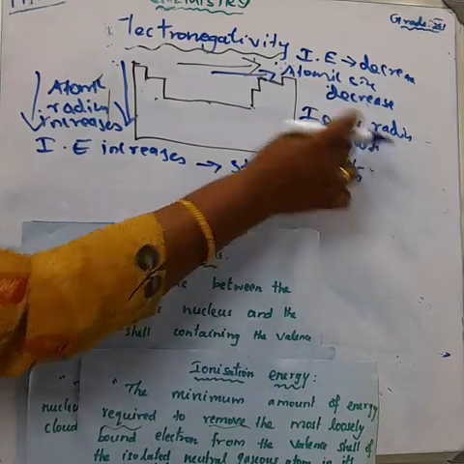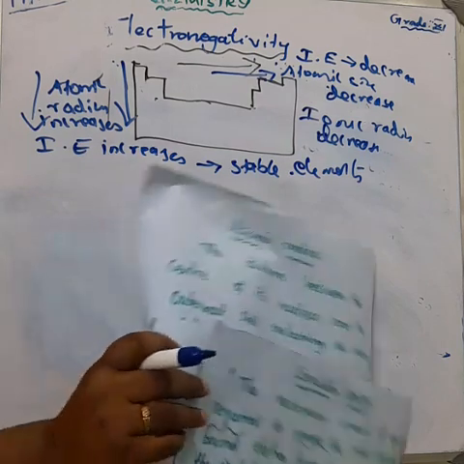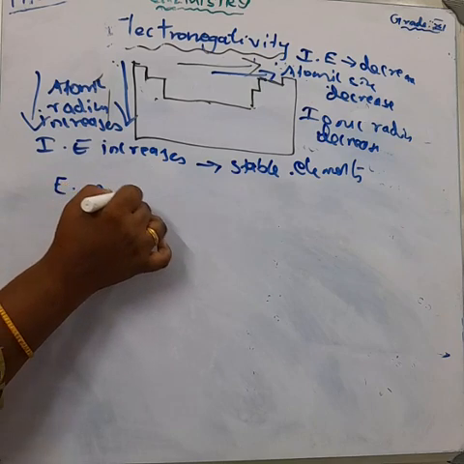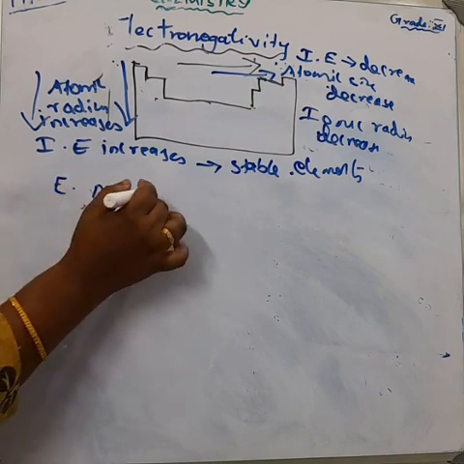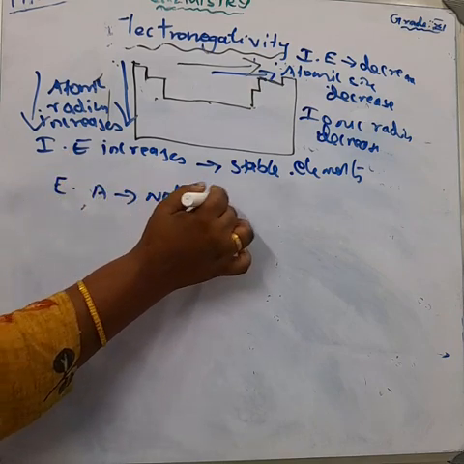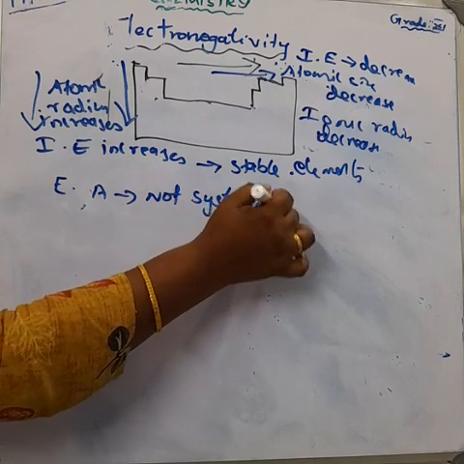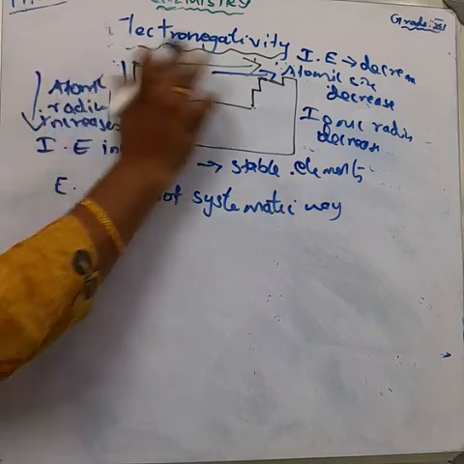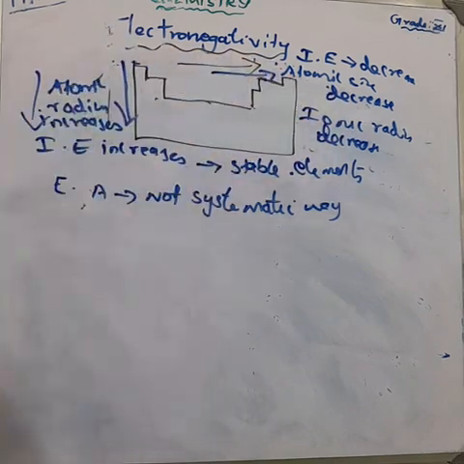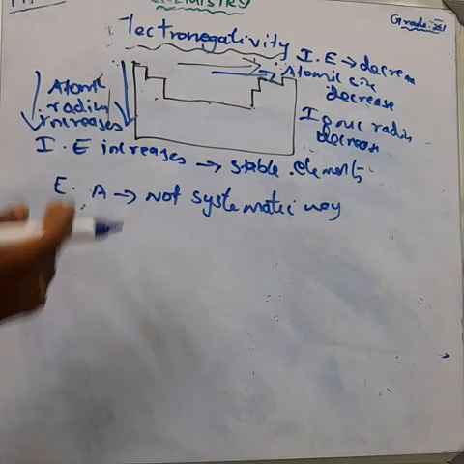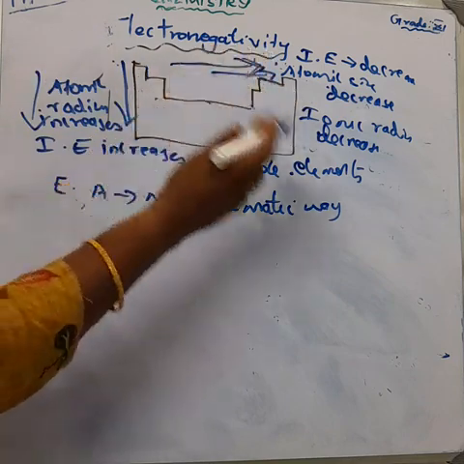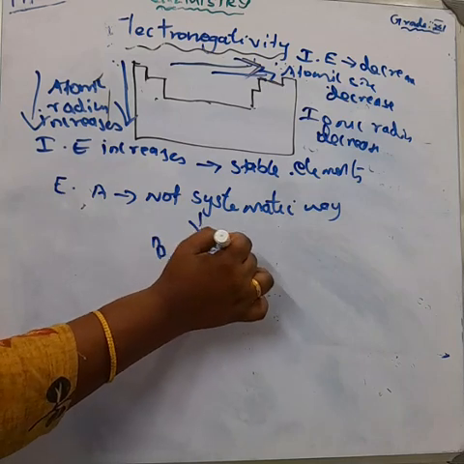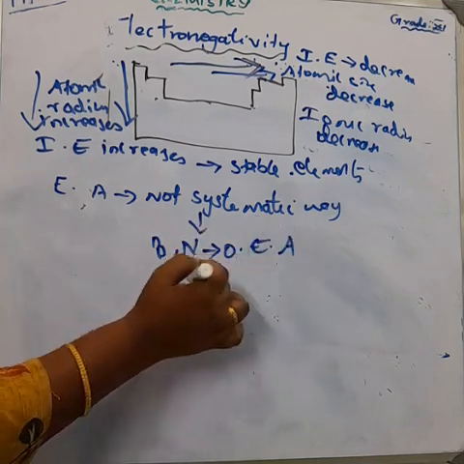And electron affinity is not systematic, unlike ionization energy, because as we move from left to right in a period, certain elements, that is beryllium and nitrogen, have zero electron affinity, and fluorine has a very low electron affinity.